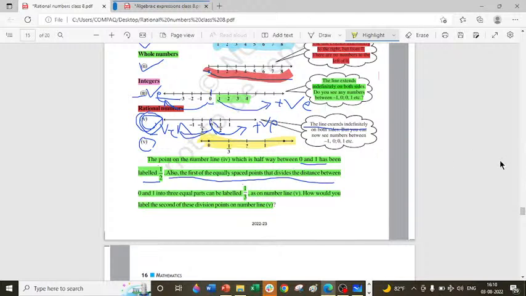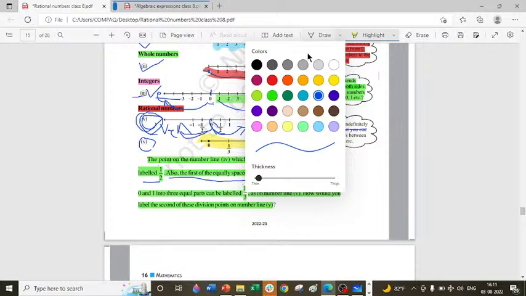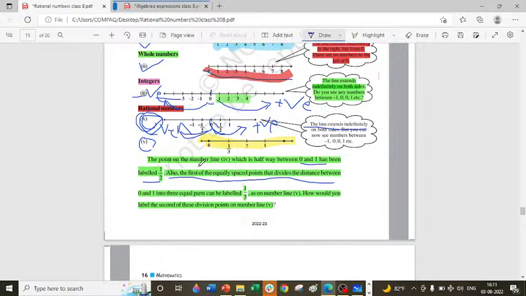So as we can see that the number line is divided into 1. Let me write. So it has been divided into 1, 2, 3. Okay, and if you can see from 0, it's moving towards 1/3.